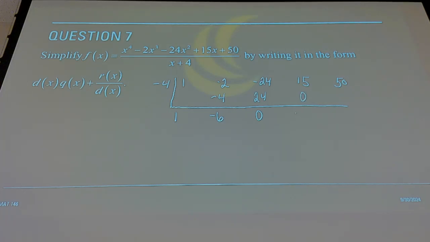Add 15. Times -4. Add 50. What was the divisor?